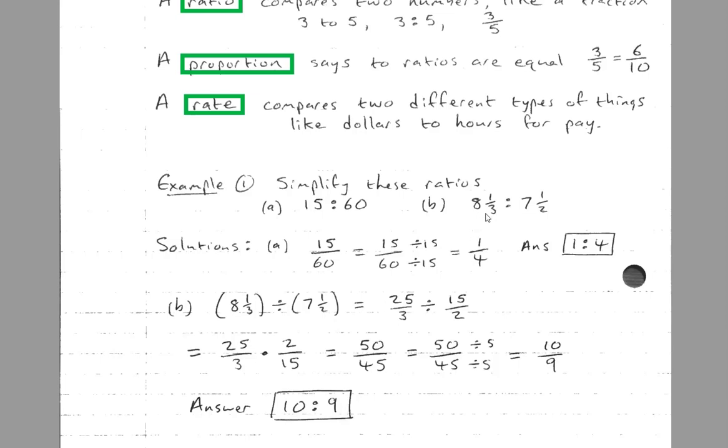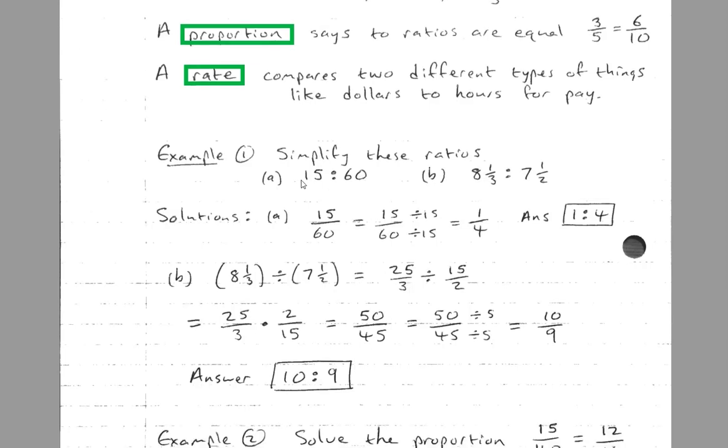Comparing the original two numbers, we can see the first number is bigger than the second number, and a clearer way to see their relative sizes is to say it's the same as 10 to 9. So just remember you're dividing.